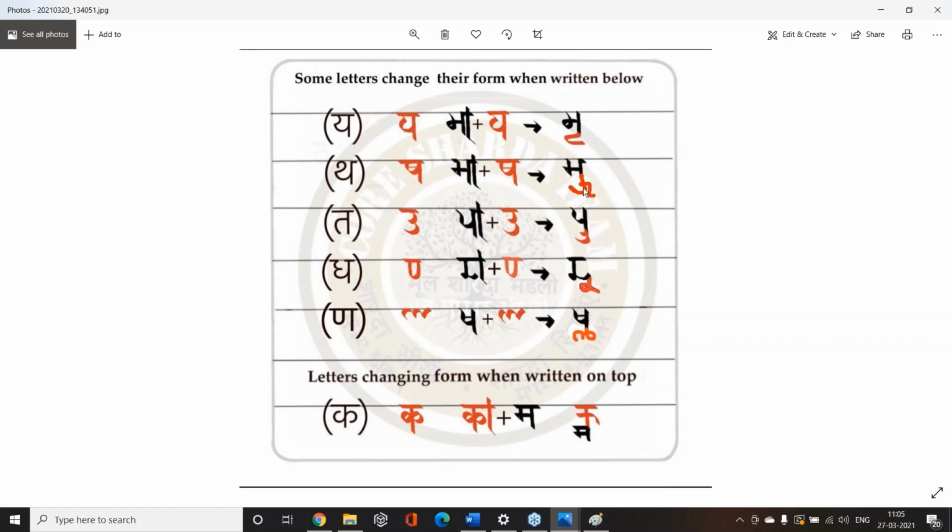And tha also we learned last time. This is what it is written like when it is written below any other letter. Ta, I think we have not mentioned about ta. So ta doesn't change the form exactly. What it does is it just merges with the letter above. So I will just show how it works.